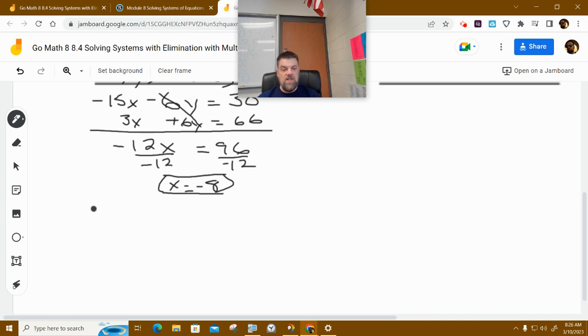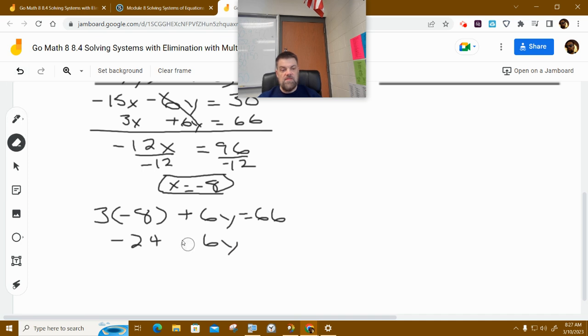I'll take the second equation. 3 times x, but we believe that x is equal to negative 8, plus 6y equals 66. This becomes negative 24 plus 6y, not equals, plus, right? Mr. Adams is getting ahead of himself. Equals 66.